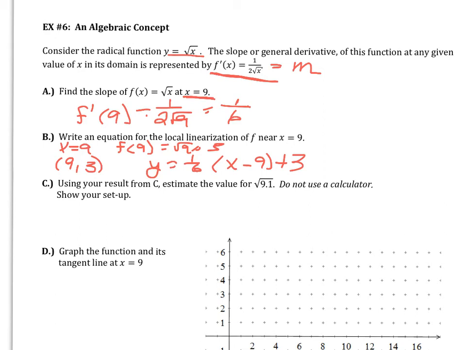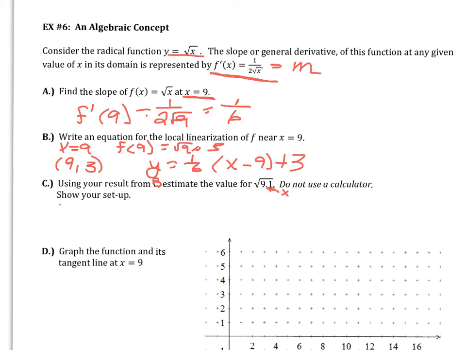Now it says using your results from C, estimate the value of the square root of 9.1. Do not use a calculator. Well, actually, they mean the results from B, not C. Show your setup. So if we want to estimate the square root of 9.1, that is our x value.